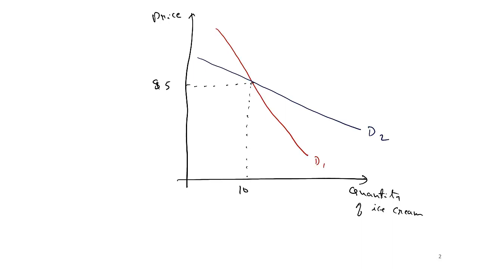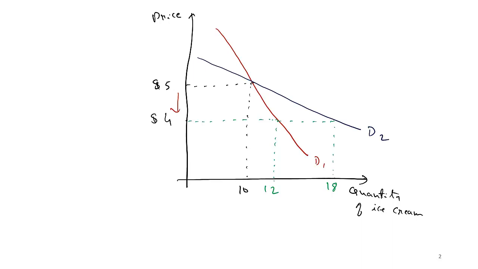Now if D1 and D2 are two demand curves faced by two different ice cream sellers, suppose the price decreases to say $4. Suppose both decide to decrease the price to $4. That means we are going to see a decrease in price. Now at $4, according to demand 1, you might see quantity demanded increase to say around 12, but according to D2 it might be 18.